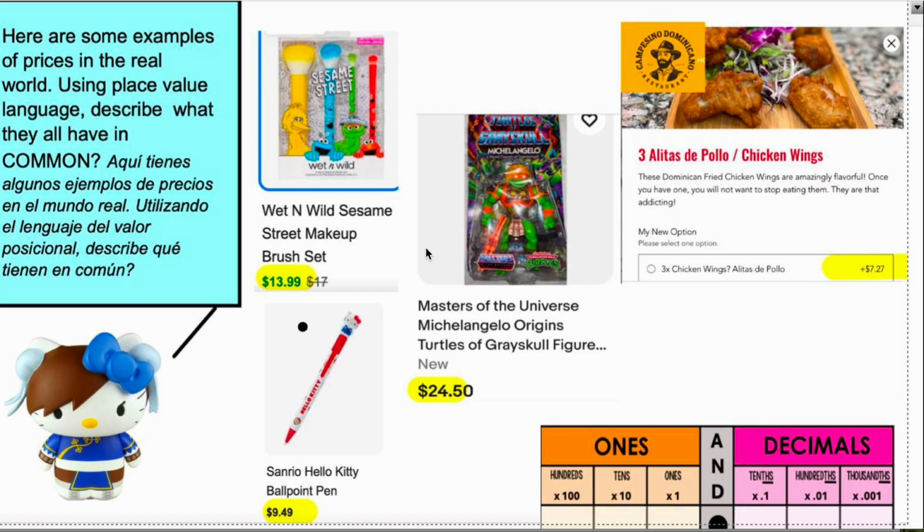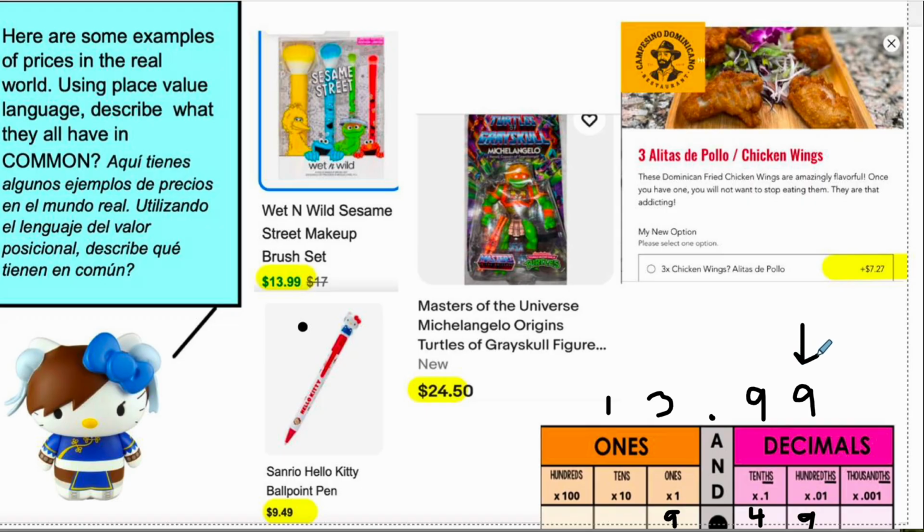Cool, so here are some examples of prices in the real world. Using place value language, describe what they all have in common. Probably the most important noticing is that all of these prices, whether it's $13.99, $9.49, $7.27, or $24.50, go into the hundredths place.